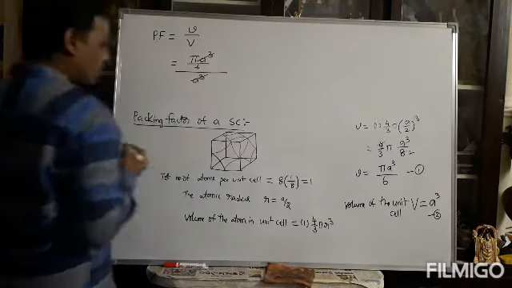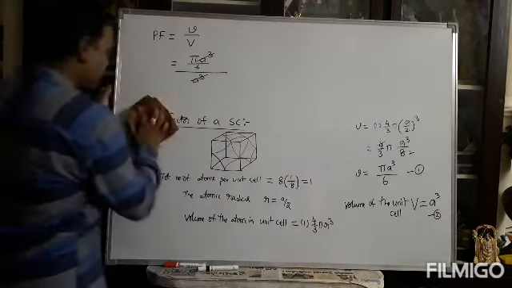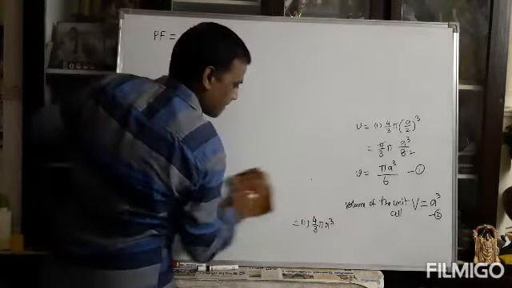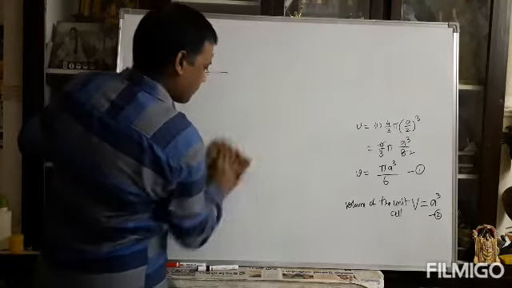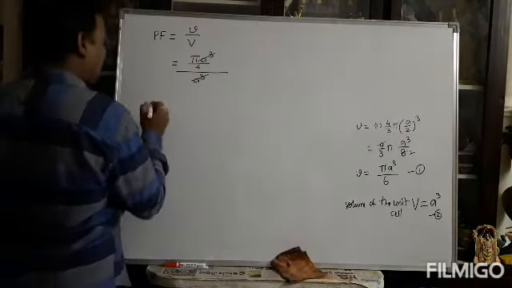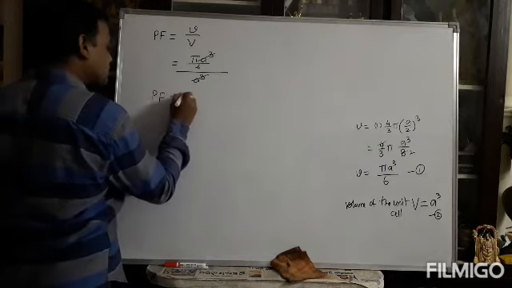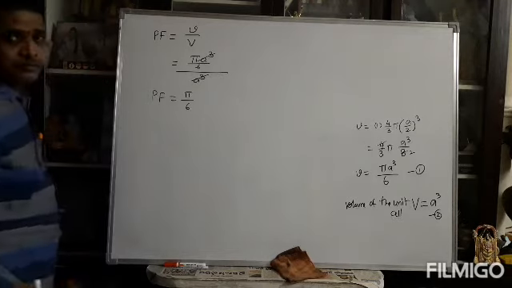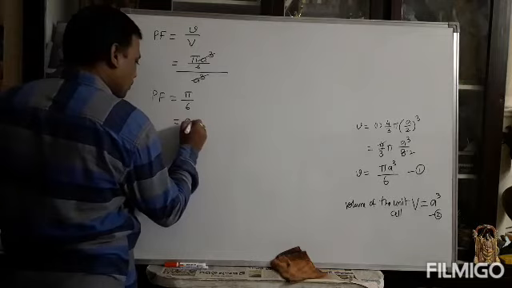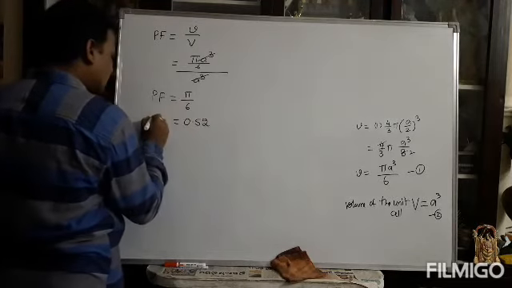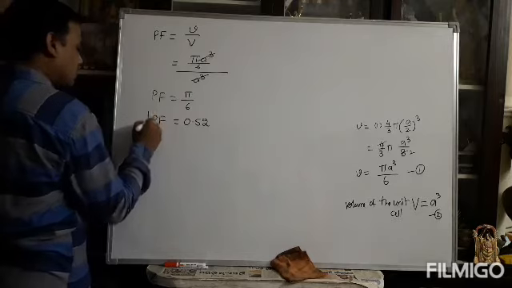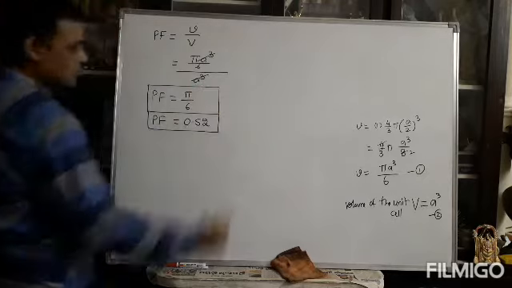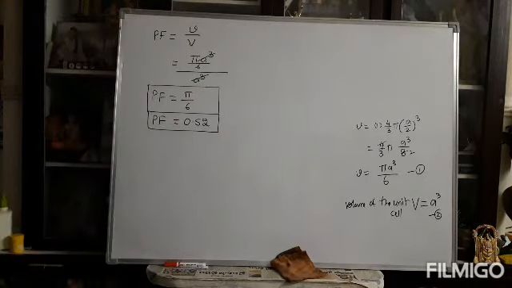Numerator a cube and denominator a cube get cancelled. We get the packing factor of the simple cubic structure as pi by 6. Calculating with pi value 3.14, you get 0.52. This is the packing factor value for the simple cubic structure. Pi by 6, otherwise 0.52.